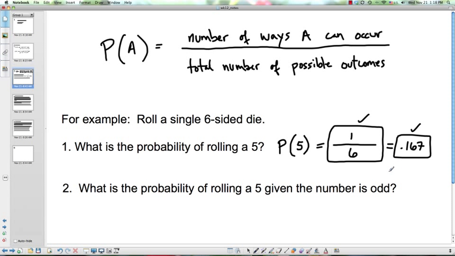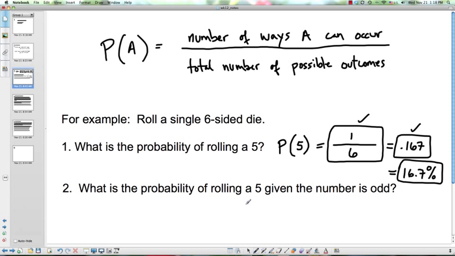This is rounding off. And then I could also write any decimal as a percentage, so I'll say 16.7%. So all of those are different ways to write the same answer: 1 out of 6, 16%, 0.167. That's the probability of rolling just a 5.